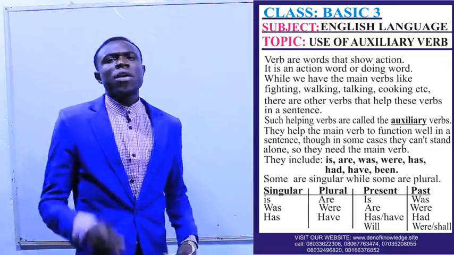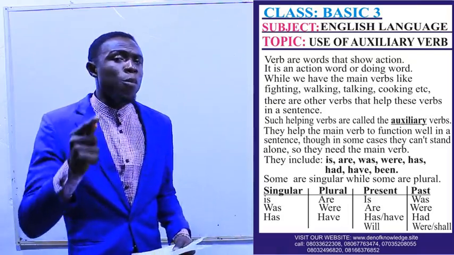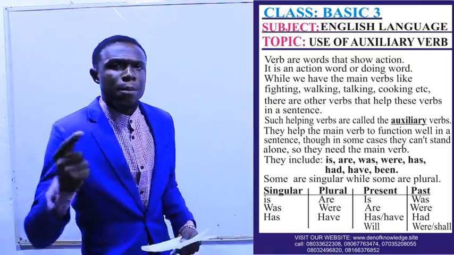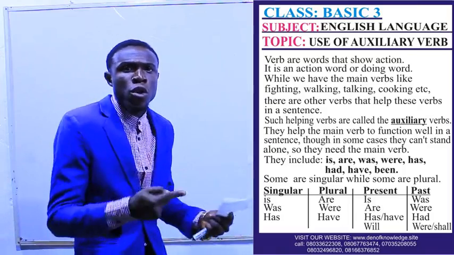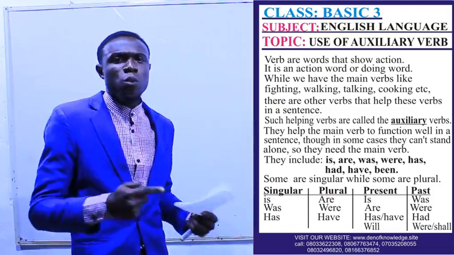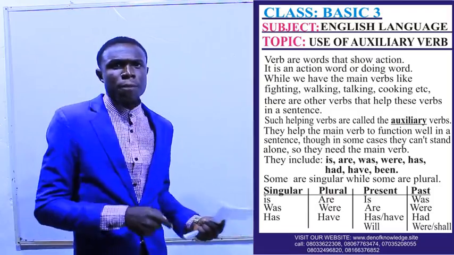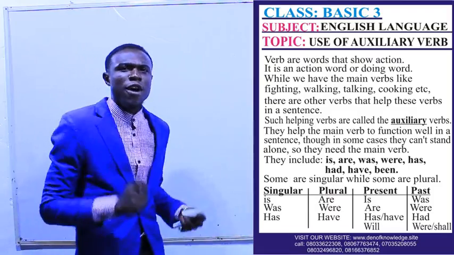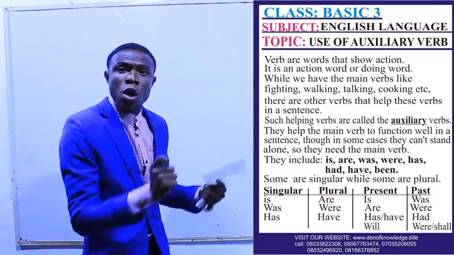Now, there are still some verbs that you may not notice are verbs because they help this main verb to function well. Those verbs are the verbs we call auxiliary verbs, because they are verbs that help the main verb to function well.